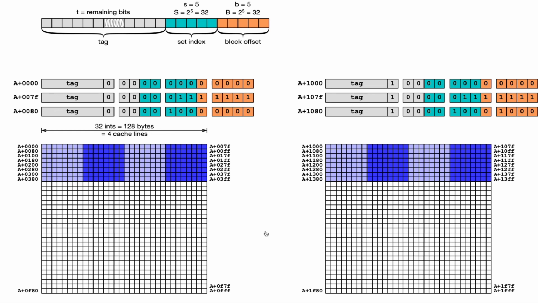Okay, hopefully that's helpful. You probably don't need to draw as elaborate a diagram as I put together here, but it's certainly helpful to write these things down, give yourself a little bit of a mental picture about what's happening in memory, and then think through the process of which locations in the arrays are going to be in which locations of the cache and when the conflicts can arise.